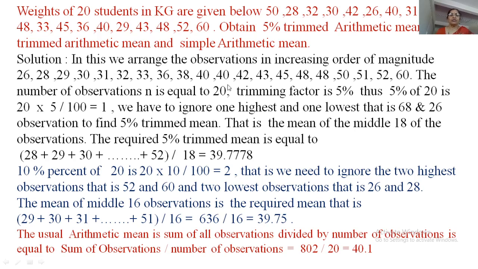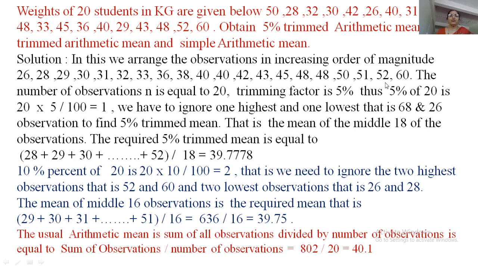The first and most important thing is that you first arrange the observations in increasing order of their magnitude, and then compute 5% of 20, that is 5% of n, which is 1. So you delete one observation from the lower side and one observation from the upper side, so that you have a total of 18 observations which are in the middle of these 20 observations.